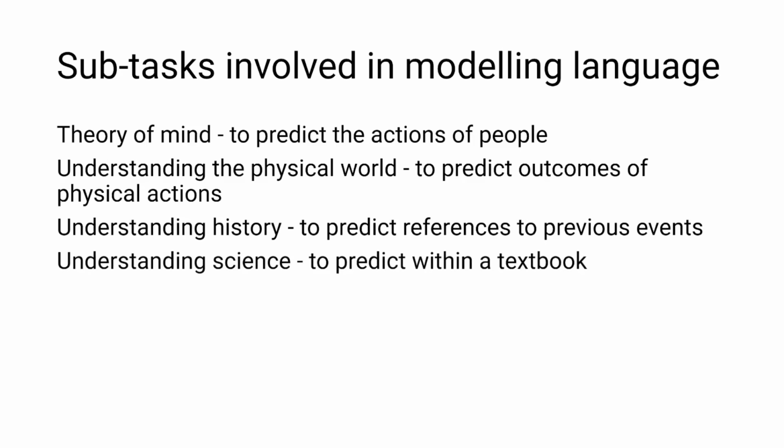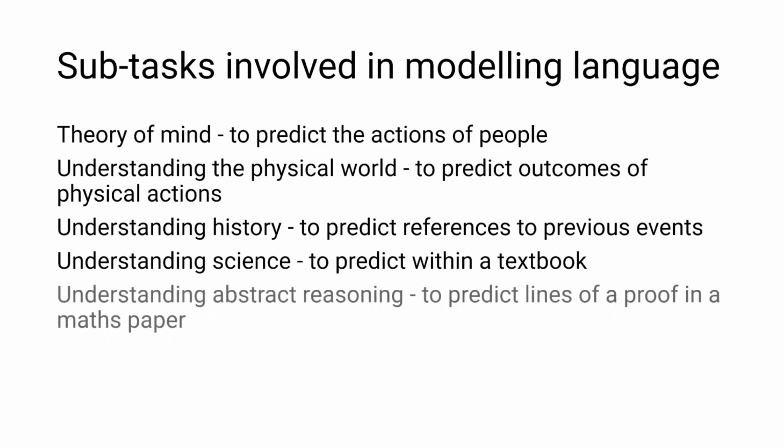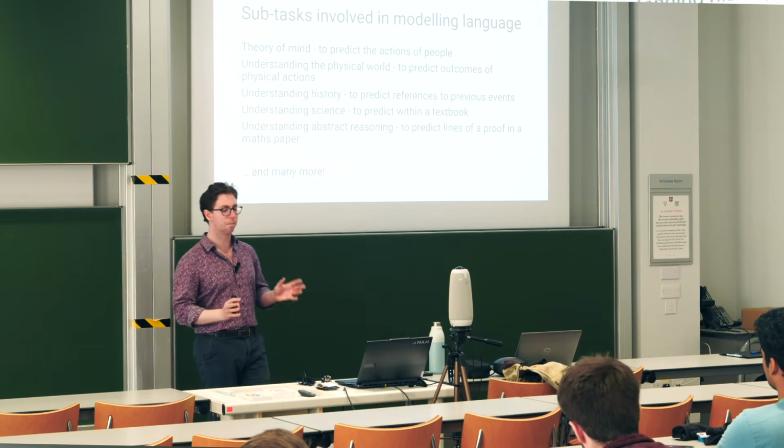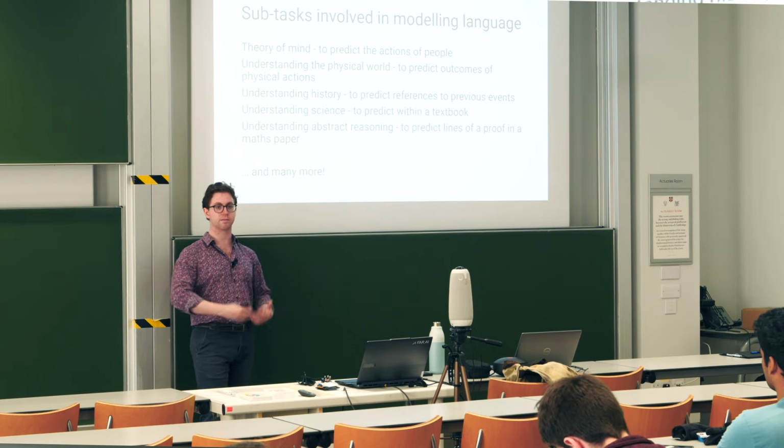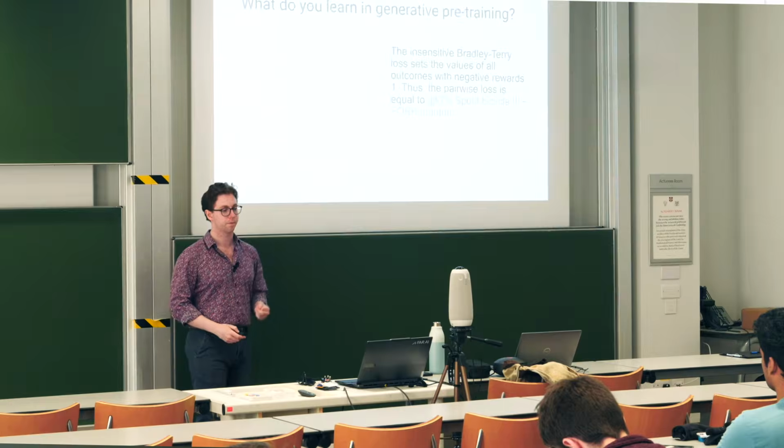Understanding science: for any kind of science web pages or science textbooks, predicting what happens next requires some knowledge of biology and chemistry. And finally, if you feed in maths papers, then you have to understand abstract reasoning to predict what happens next in the sequence. And these are just some examples of the many subtasks involved in modeling language.